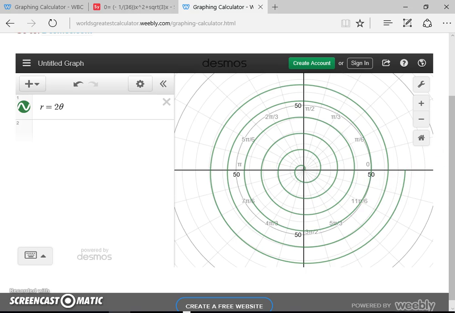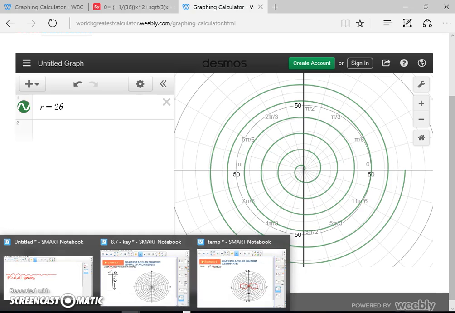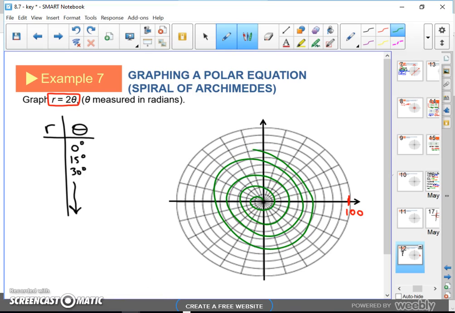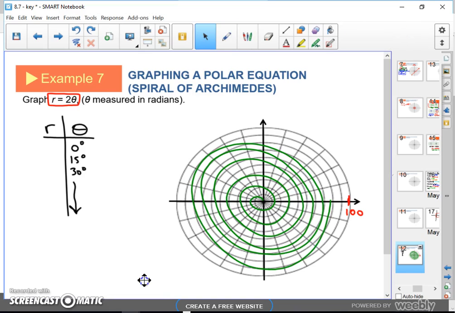So, are you going to be able to draw this? I don't know how accurate I'm going to force you to be, but let's just draw kind of a quick sketch, I suppose. But notice we have to go out to like 100, so let's change the scale. And then we're going to go around 1, 2, 3, 4, 5, 6.